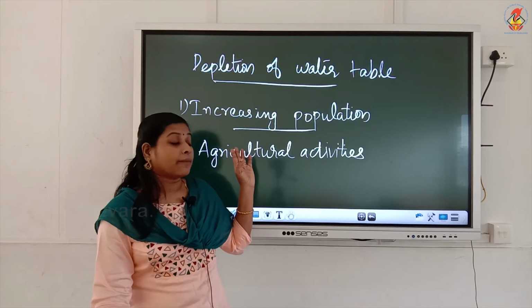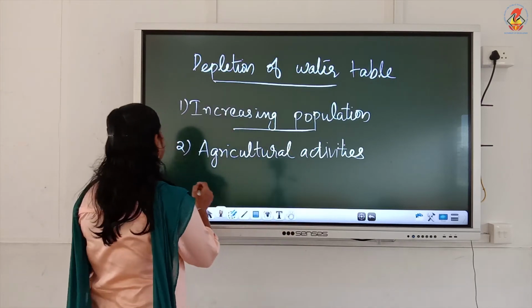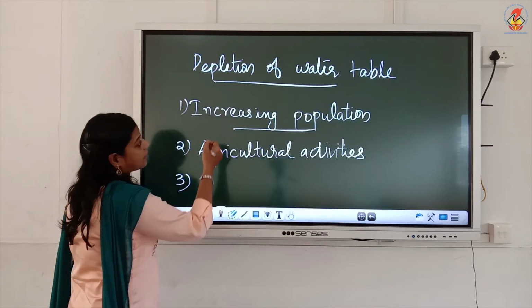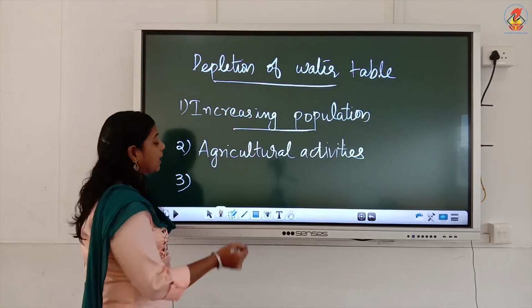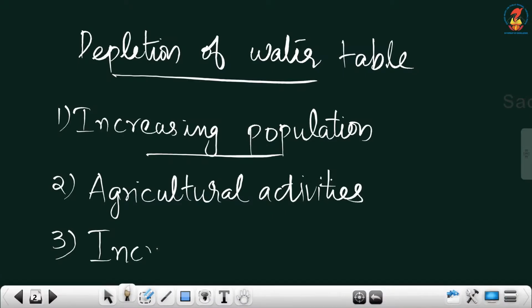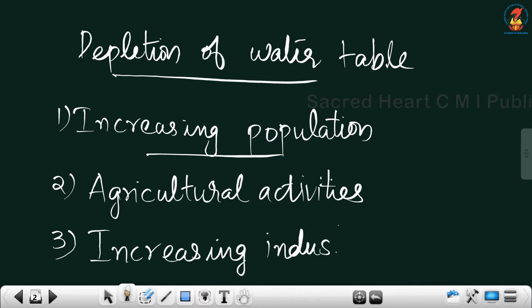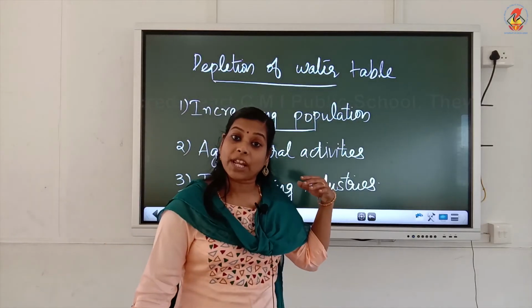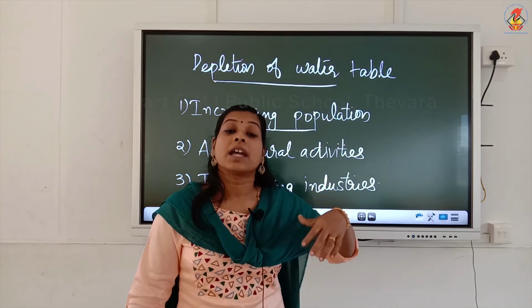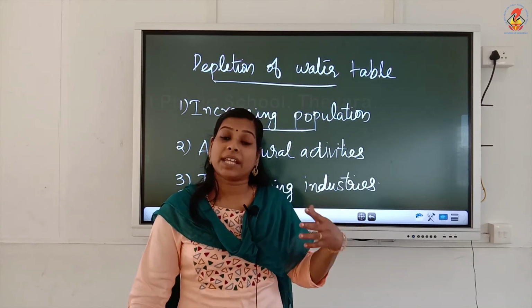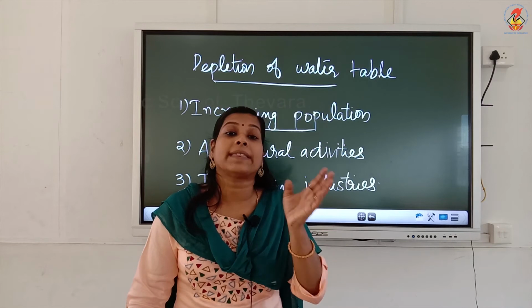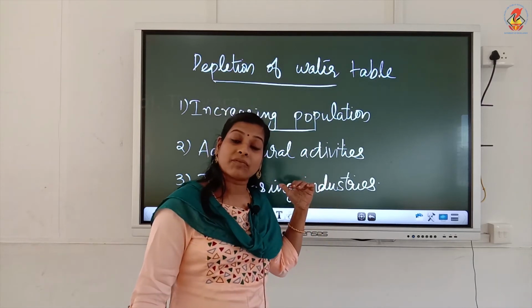Okay. Then the third factor affecting the depletion of water table is increasing industries. Because population is enormously increasing, the need for various materials also increases, and definitely that will increase industrial work.